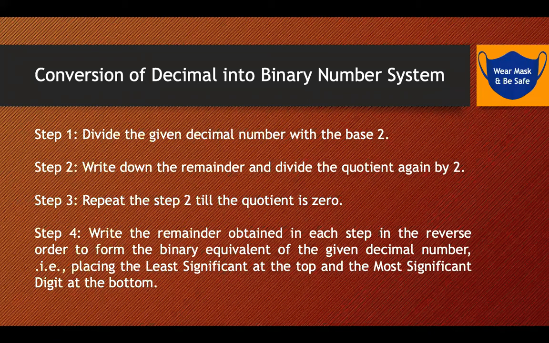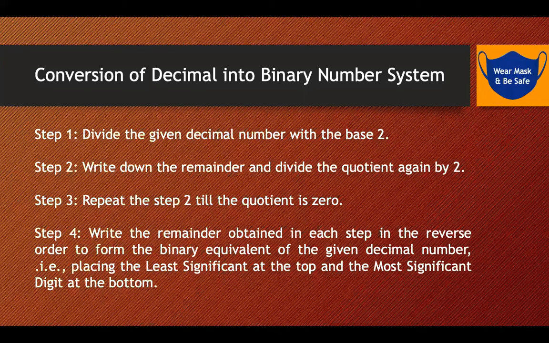In the next slide, I will show you an example of how these steps work. Write down the remainder and divide the quotient again by 2. Repeat step 2 till the quotient is 0.